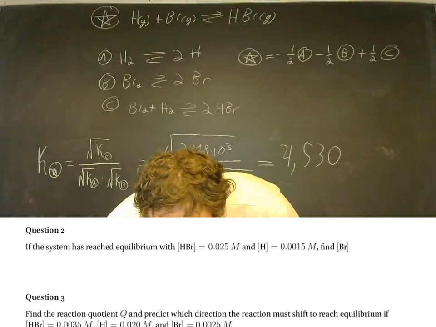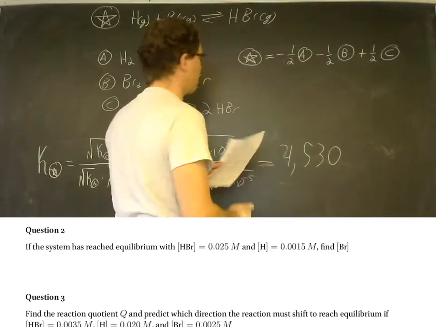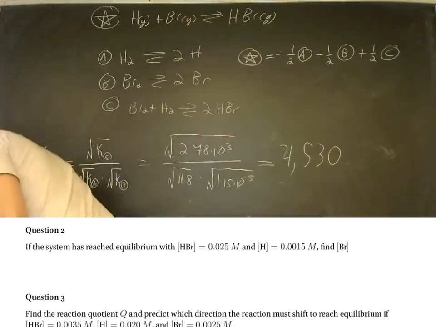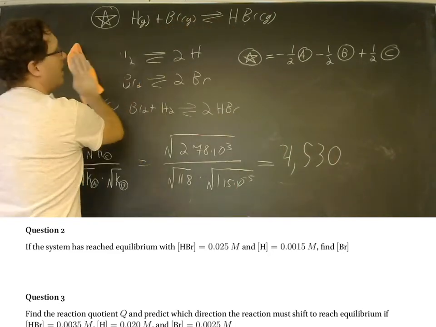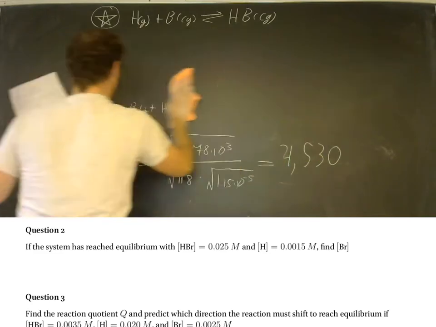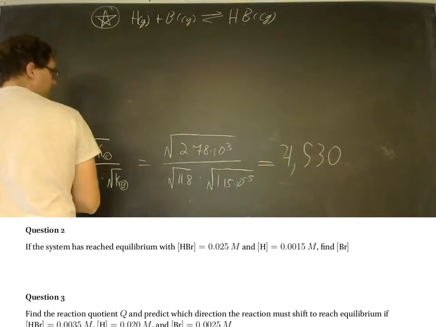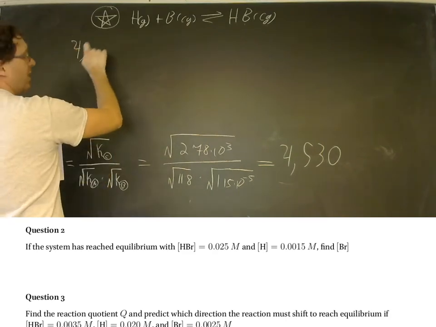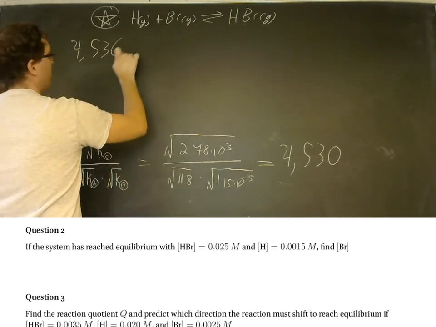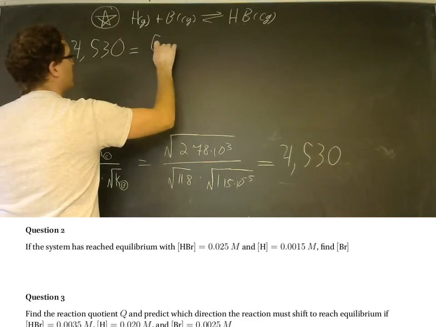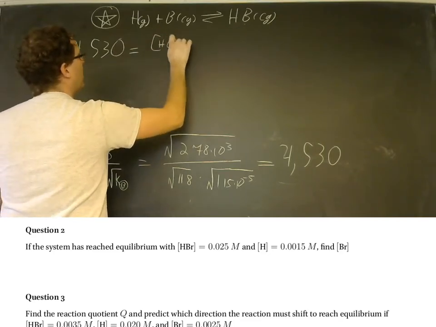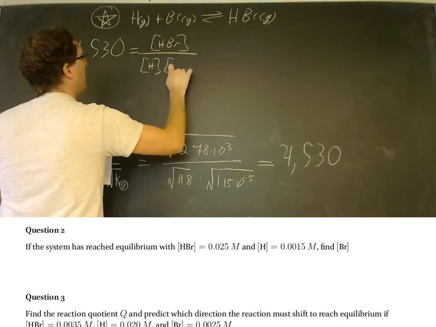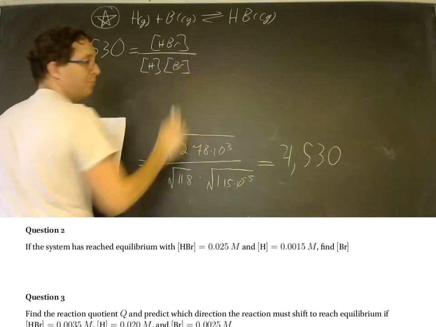Question 2 says if the system has reached equilibrium and you measure the HBr concentration and the hydrogen concentration, can you find the bromine concentration? Well, we know the equilibrium constant, 4,530, is going to equal the concentration of HBr over the concentration of H times the concentration of Br.